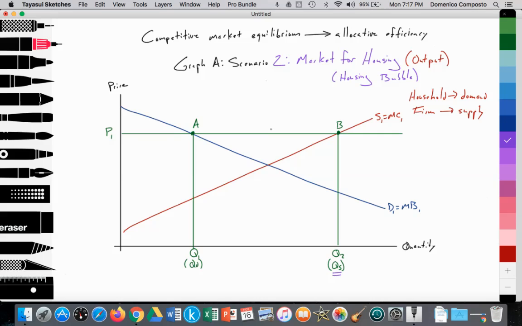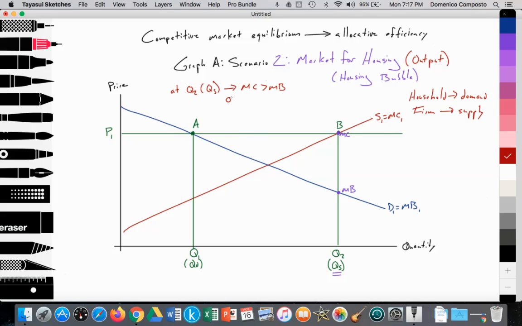So at the price of P1, quantity supplied is here, and we're going to notice that the marginal cost is greater than the marginal benefit. So by definition, that's an overallocation. So at Q2, which is the quantity supplied, we notice that the marginal cost is greater than the marginal benefit.